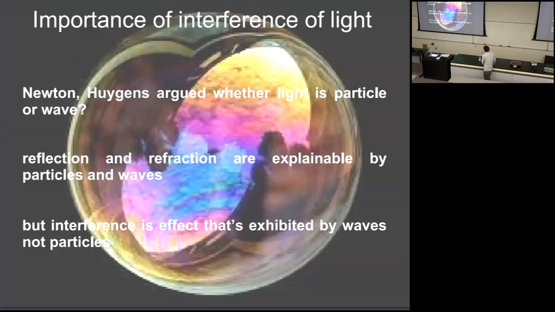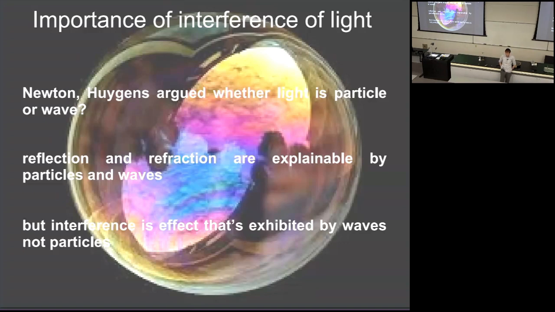Okay, so just to stress again, why is interference of light so important? It's so important because it demonstrated the wave-like properties of light. If we went back hundreds of years to the time of Newton, a very famous physicist, and Huygens, a Dutch, also very famous physicist, these guys were arguing.